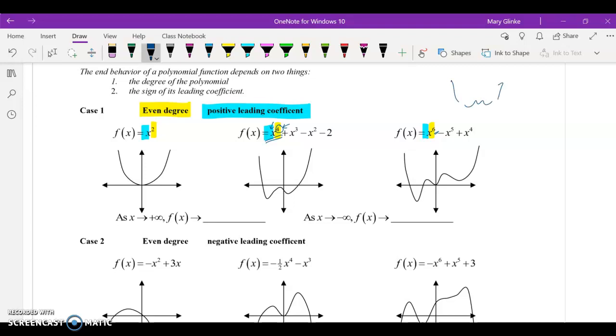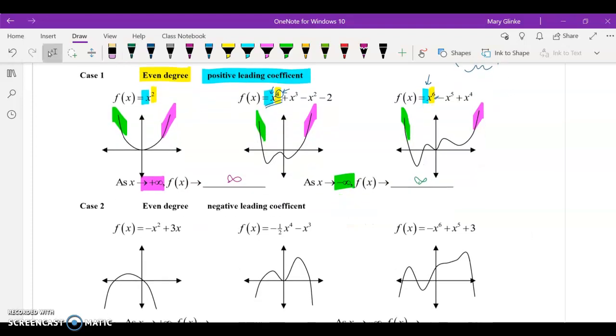There's going to be some number of curves, but it's going to be pointing the same direction with both ends, and it's going to be up because your leading coefficient is positive. So for all of these, on the right of the graph you'll notice they are all pointing upwards, and on the left of the graph they're all also pointing upwards.